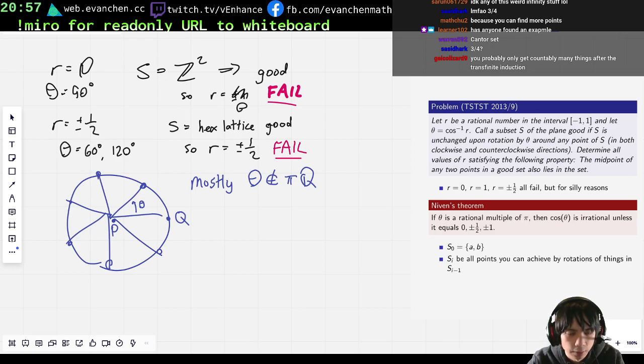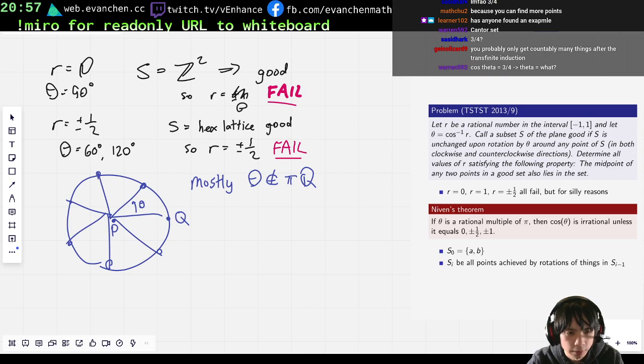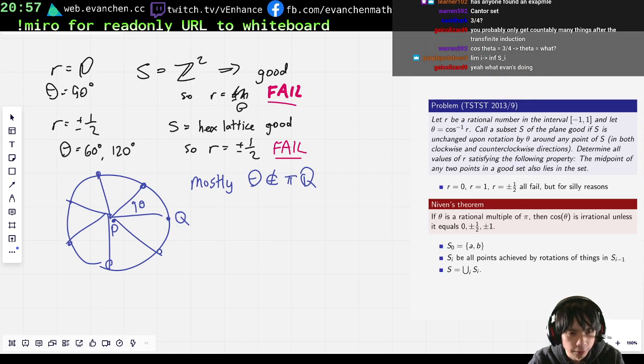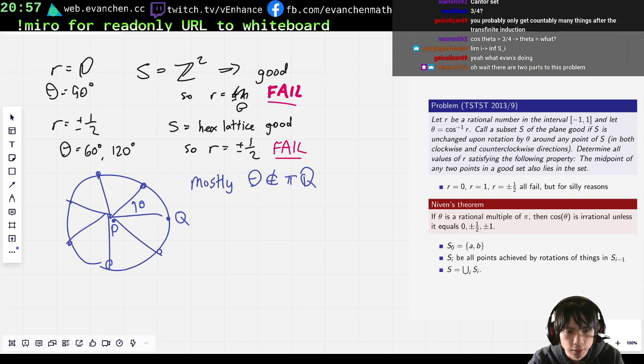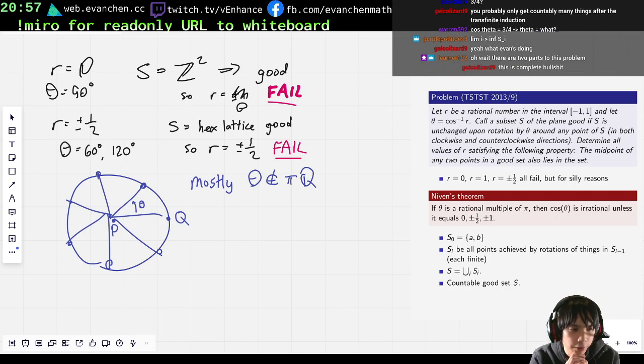And finally, you let S be the union across all the Si. If you do this, each Si is finite, so we get a countable set S, a good set S. So it is not true that the only good sets are the entire plane.